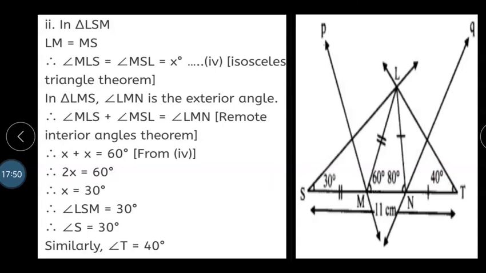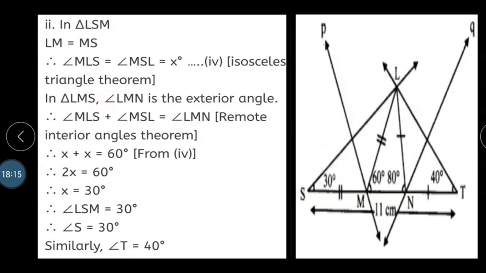So, MLS plus SML is equal to MLN, the remote interior angles. Let us substitute the value, that is x plus x is equal to 60 degrees. Reason: from 4. So, 2x is equal to 60 degrees. Dividing both sides by 2, we get x is equal to 30 degrees. So, both the angles become 30 degrees.